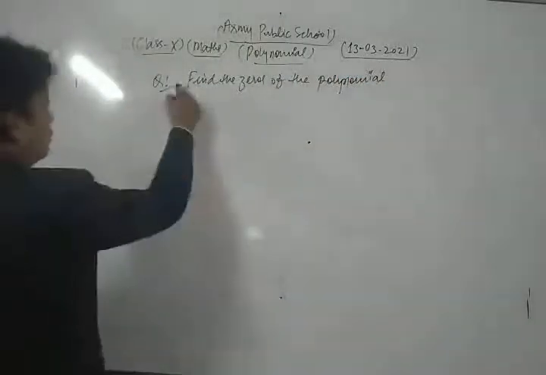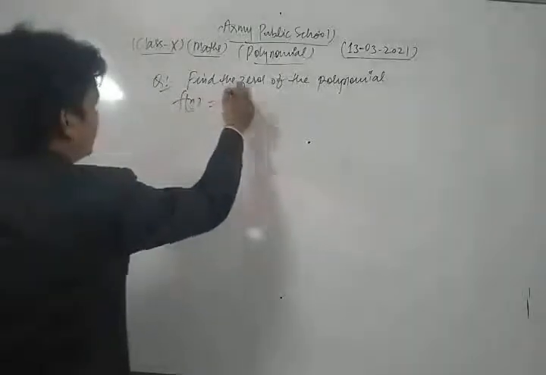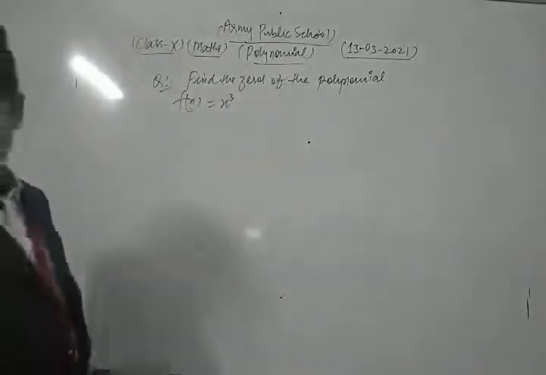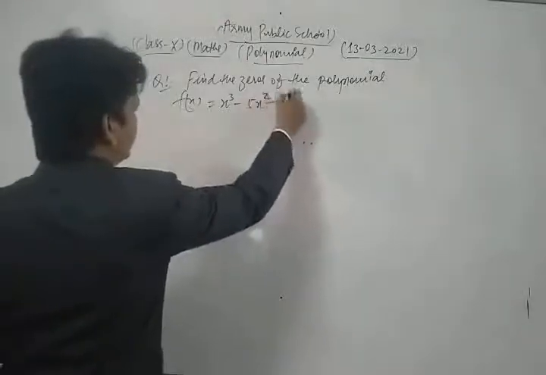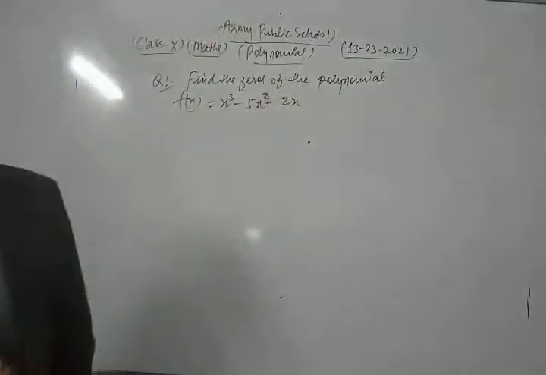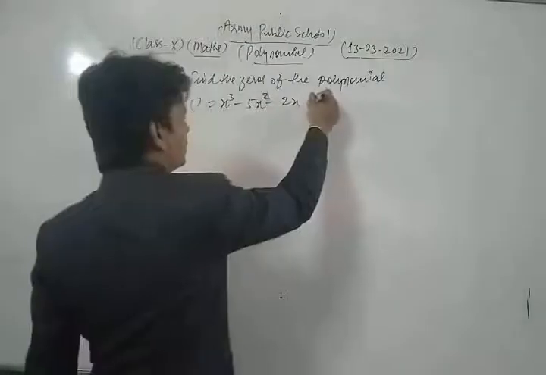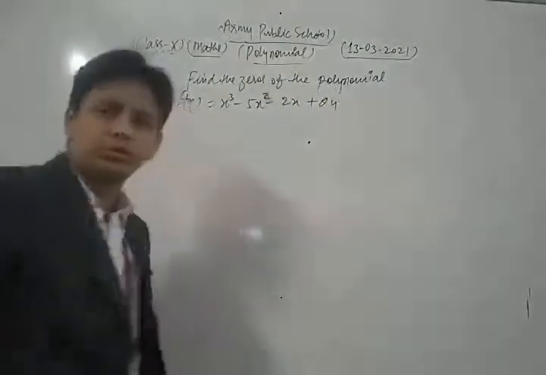f of x is equal to x cube minus 5x square minus 2x plus 24.